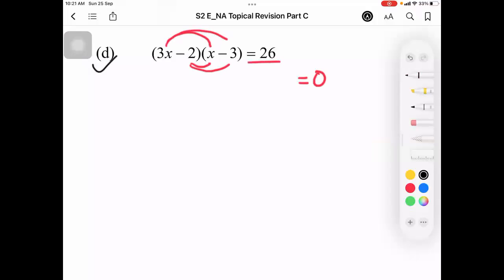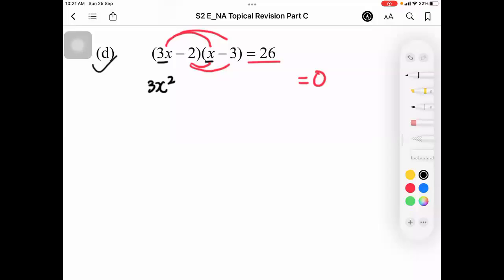Let's get somebody to help me. Next person, expand 3x times x. 3x squared. Continue. 3x times negative 3, how much?